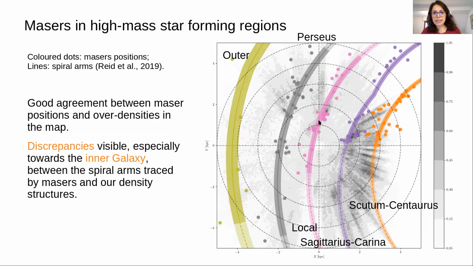And again, with the single masers, distances and positions, there is a good agreement between our overdensities and the masers' distances. However, if you then look at the fit for the position of the spiral arms, the discrepancies become more evident, in particular in this region where there are no data. And here you see that the inclination is clearly quite different from what is inferred with the maser positions.